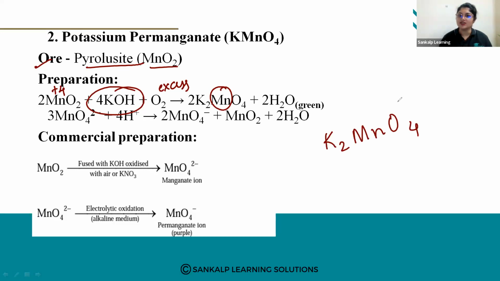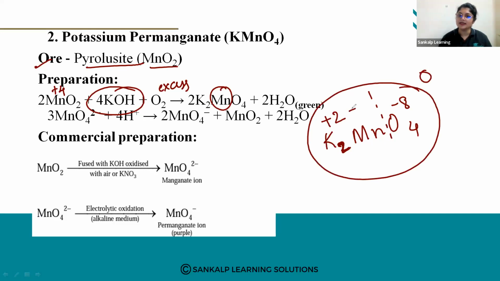Each oxygen is -2. How many oxygens are there? 4. So 4 times -2 will be -8 here. Each potassium will be +1, so the two potassiums give +2. Overall charge should be 0. So Mn should be +6, because 6 plus 2 is 8, and this is -8. Understood? Yes, it is +6.